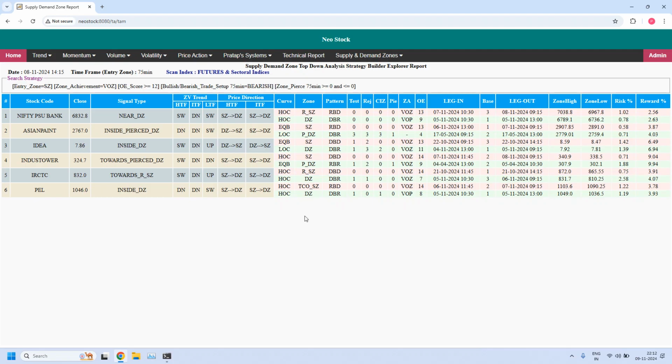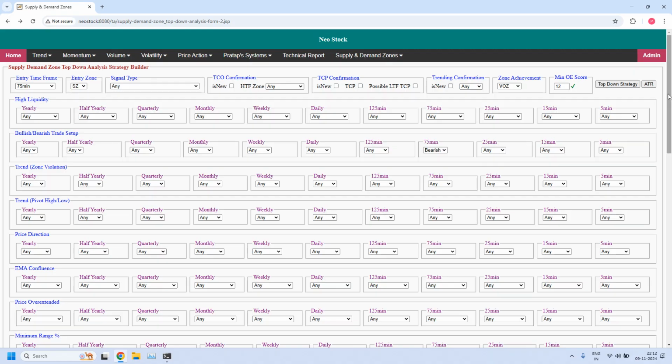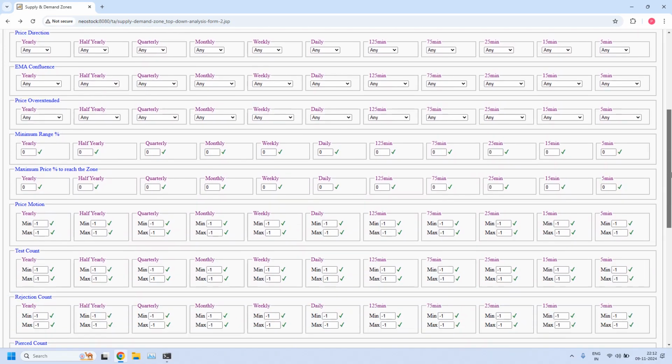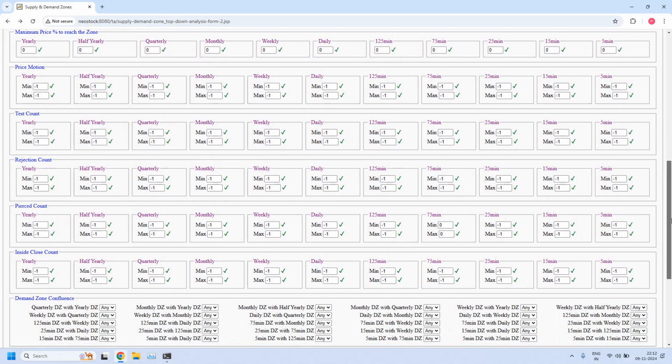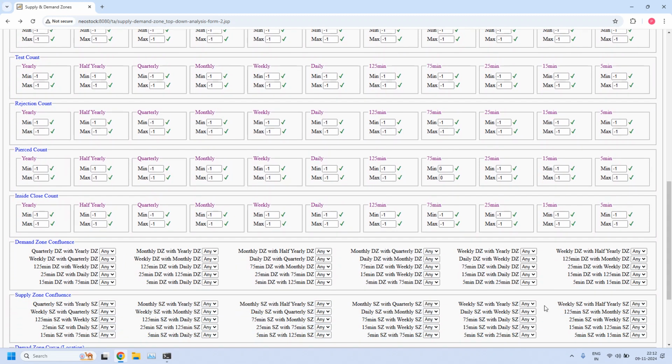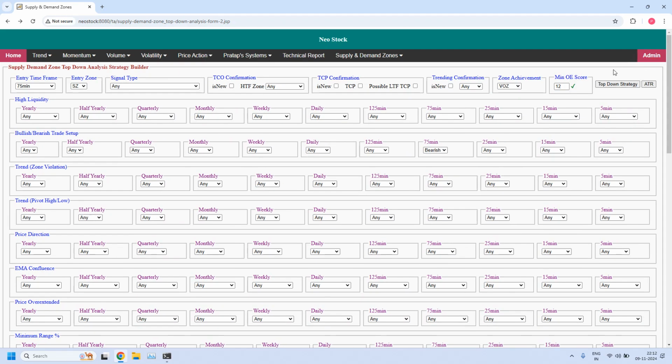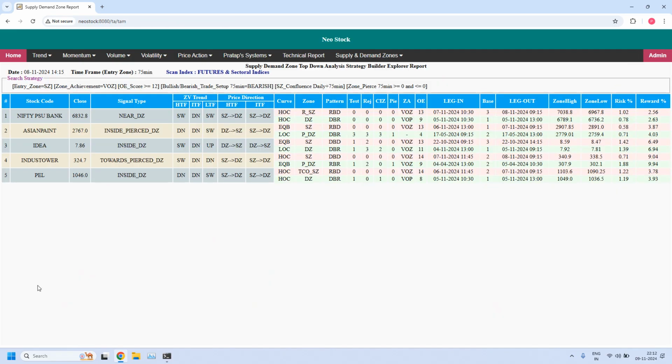And out of these 6 75 minute supply zones, there could be high probability setup stocks available. Let's find them. The first filter is based on LTF and ITF supply zone confluence. That is 75 minutes with daily supply zone confluence. So I am enabling the filter, 75 minutes supply zone with daily supply zone confluence. With this filter, out of the 6 stocks, we got 5 stocks.